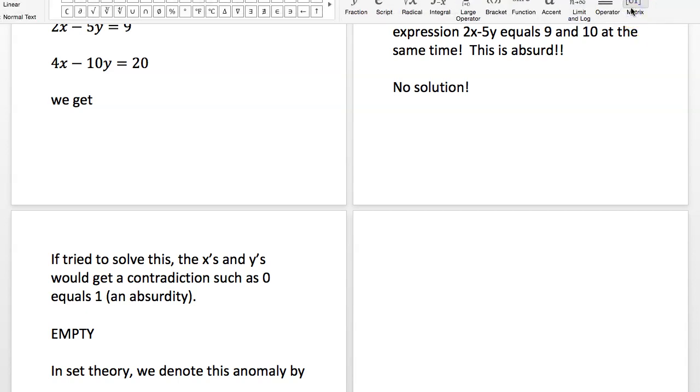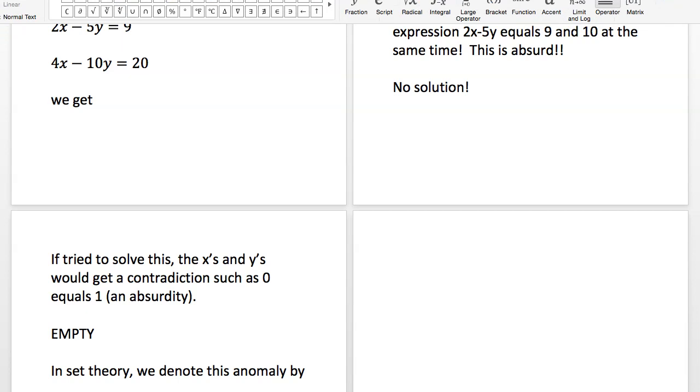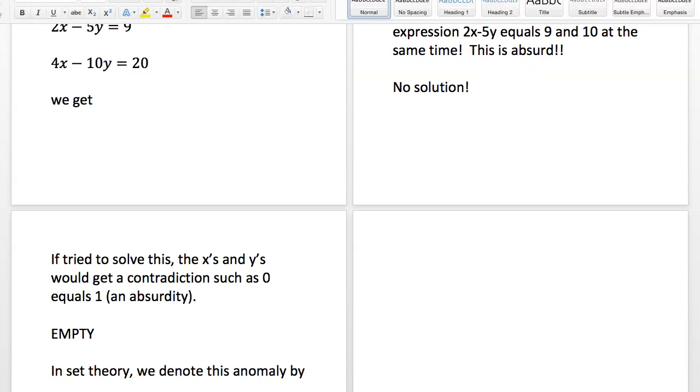There's the Greek symbol for it. There it is. See that little thing there, guys? This is the empty set. Another way of writing it is just the good old-fashioned slash slash, the set of nothingness. You have no solution.